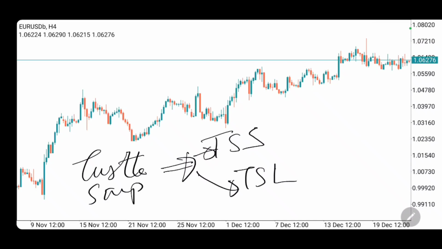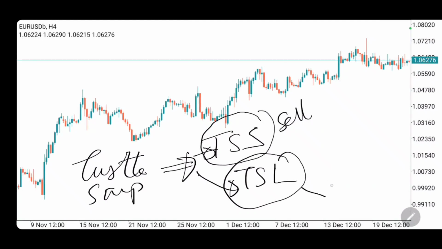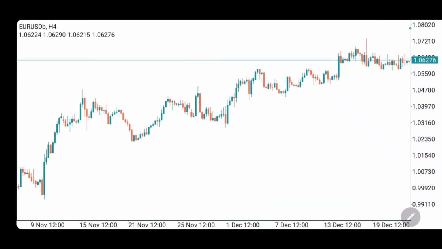I'm going to show you on the chart soon. The turtle soup short is a sell scenario, while the turtle soup long is the buy scenario. So let us see it on the chart. I'll be showing you some chart examples very soon.